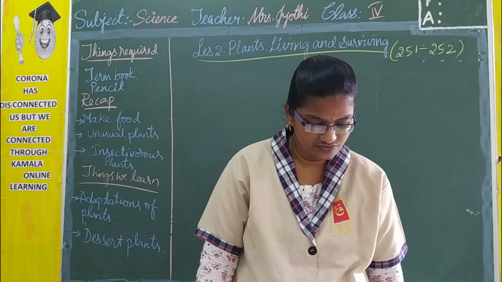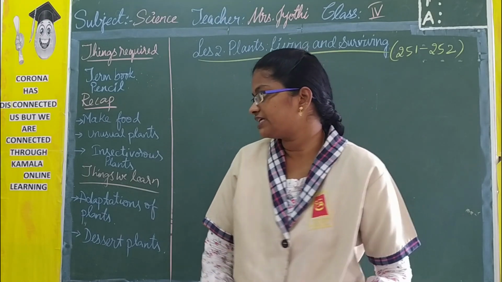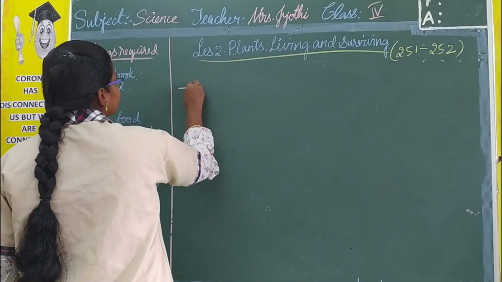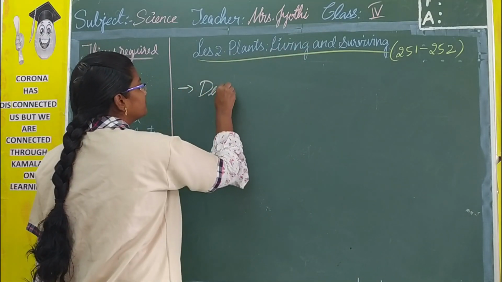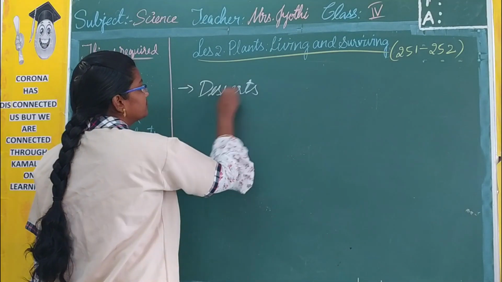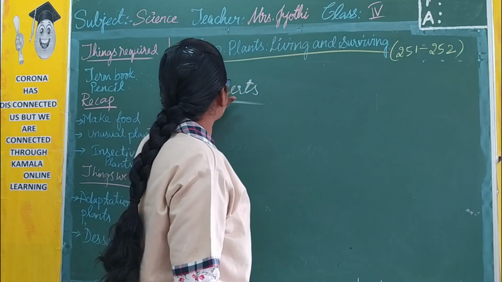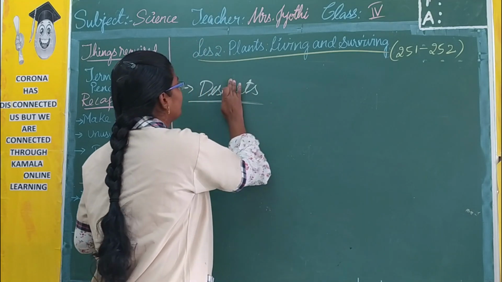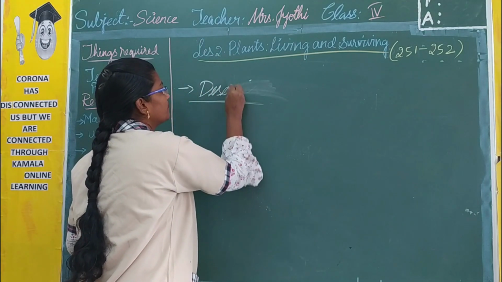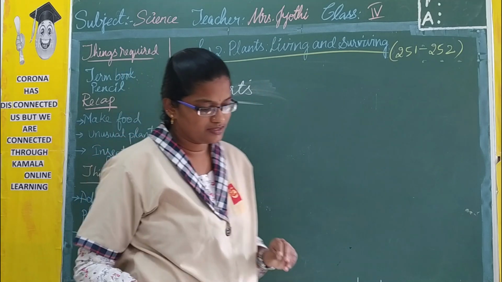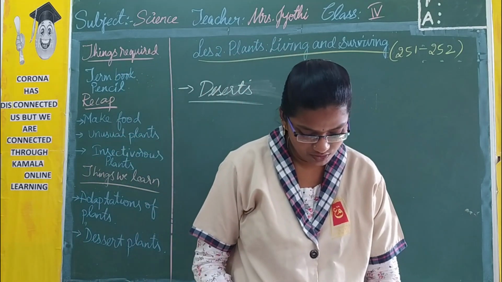Now if you look at the first one, plants that grow in deserts. So plants that are going to grow in deserts.